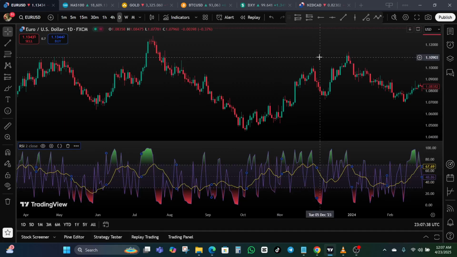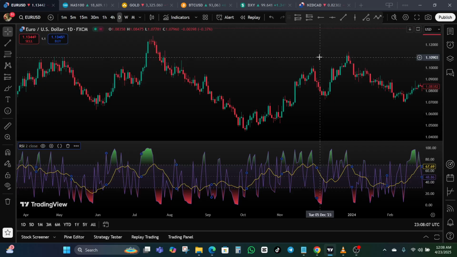Most traders use RSI with 14 periods. That's the default, right? Connors flipped that on its head. By shortening the RSI to just 2 periods, you get lightning fast signals when the market is extremely overbought or oversold. And that is where the edge lies.